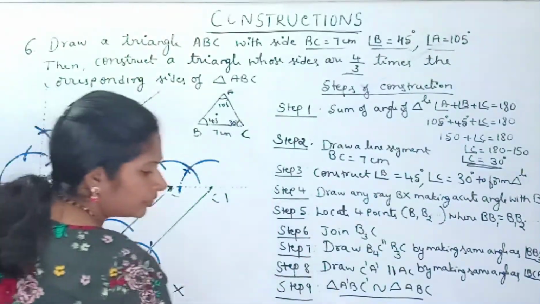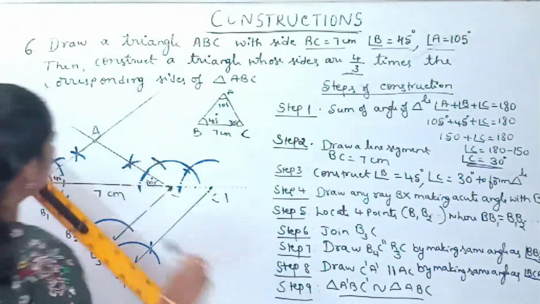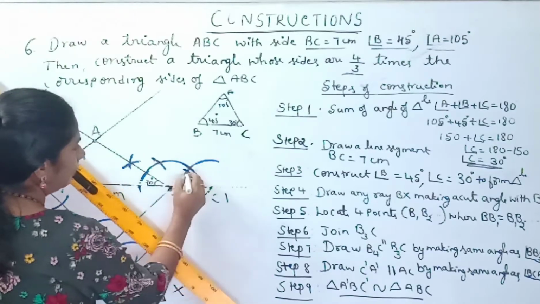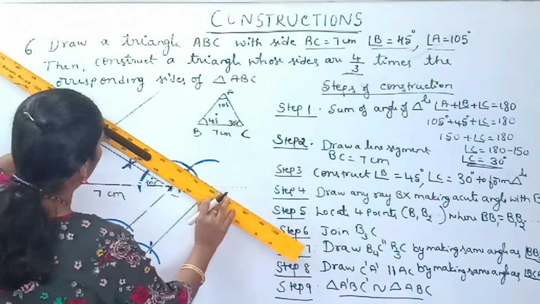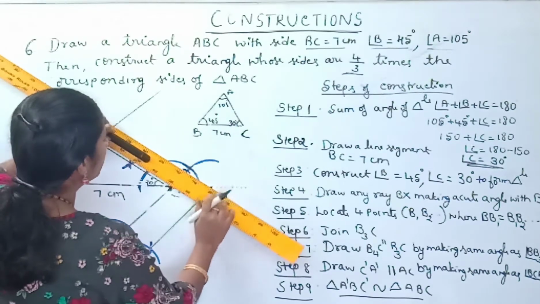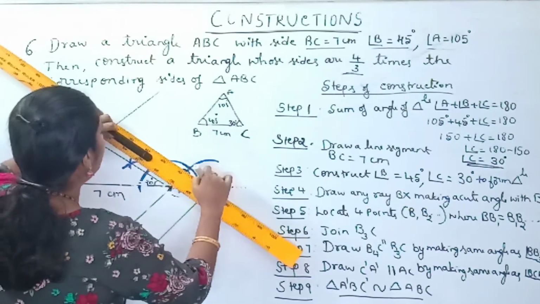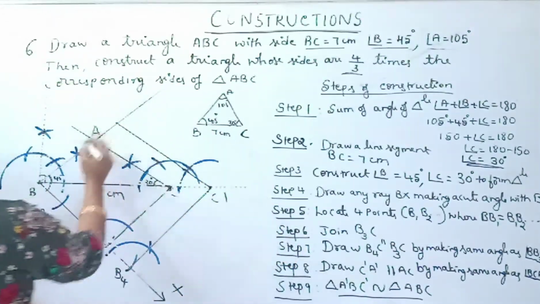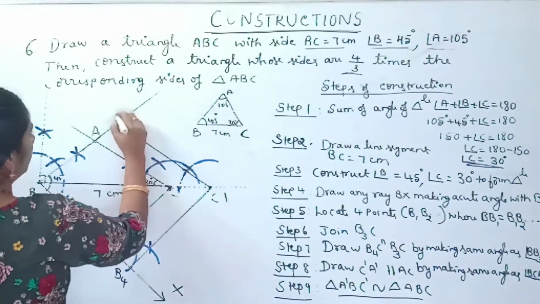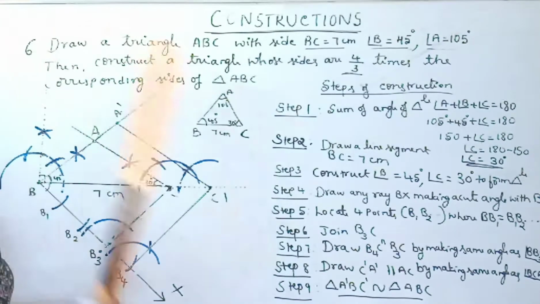Now you have to join point C dash and this point. Join C dash and that point. Let it intersect AB at A dash.